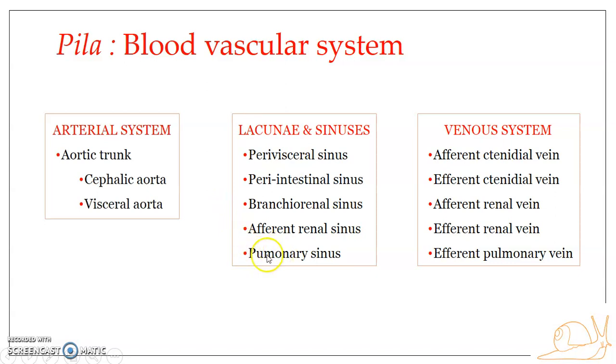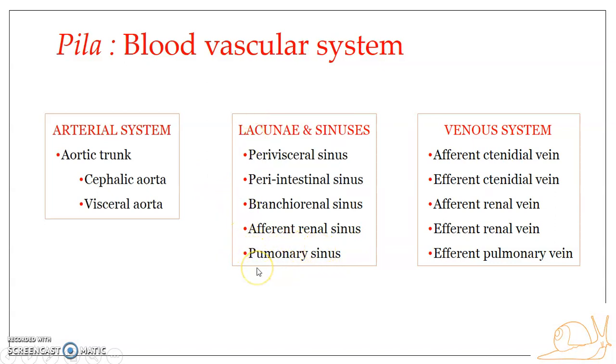The pulmonary sinus receives blood from the perivisceral sinus through an afferent pulmonary vein, and blood undergoes oxygenation over here. The oxygenated blood will flow into the auricle through the efferent pulmonary vein. I hope it is clear. So the pulmonary sinus is located within the wall of the pulmonary sac, and it receives blood from the perivisceral sinus.